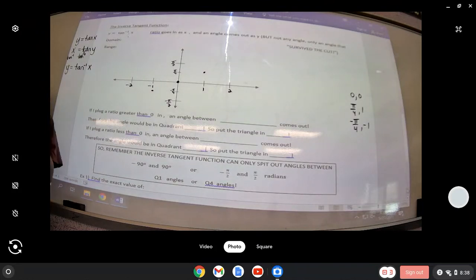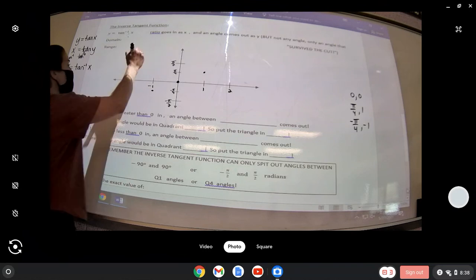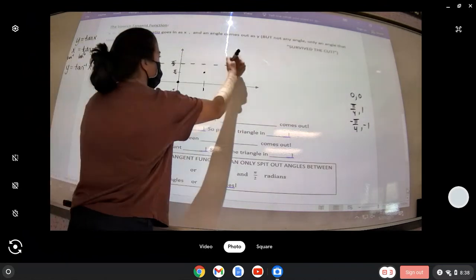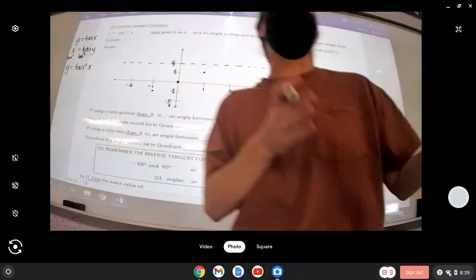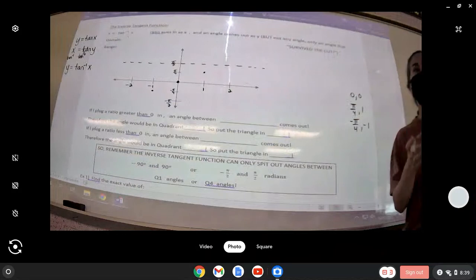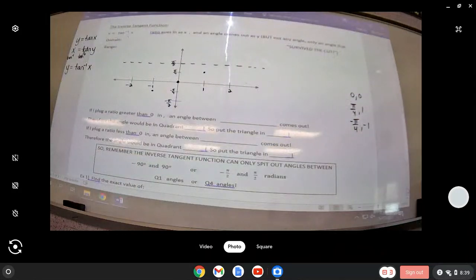And then before, you used to have an x-coordinate at pi over 2 that was undefined. Now you have an undefined value at a y value of pi over 2. So guys, the angle pi over 2 is not physically going to be able to come out of this function. It really didn't survive the cut because if you remember, on tangent's graph, it was an asymptote. So it's not really an angle it's going to be capable of spitting out, but we can go right up onto pi over 2.